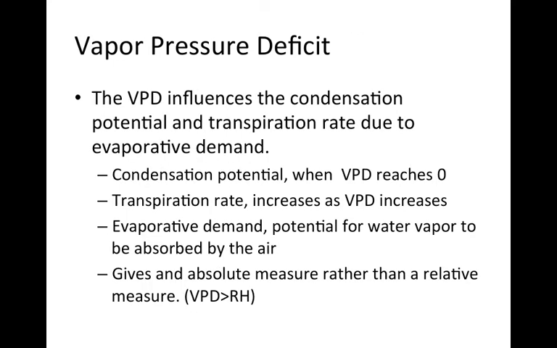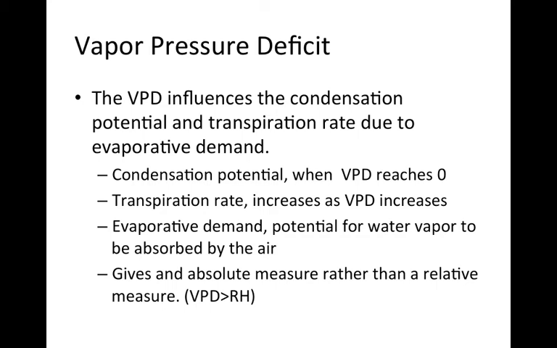The vapor pressure deficit influences the condensation potential and transpiration rate due to evaporative demand. So first of all, the condensation potential becomes greater when the VPD reaches 0. VPD starts at 0, meaning that there's no vapor pressure deficit, and increases from there. The transpiration rate increases as the VPD increases because the air is drier.